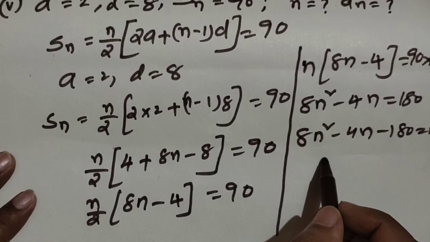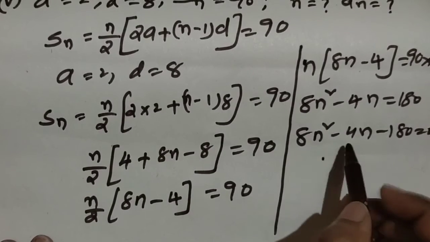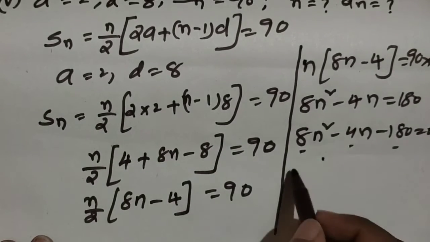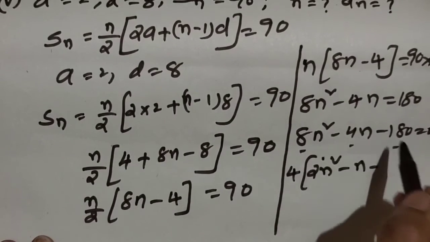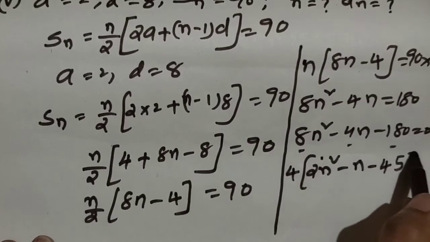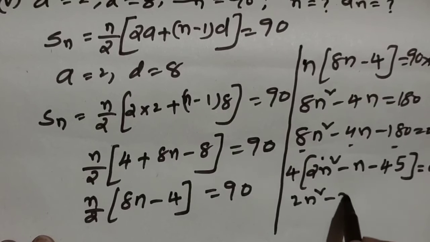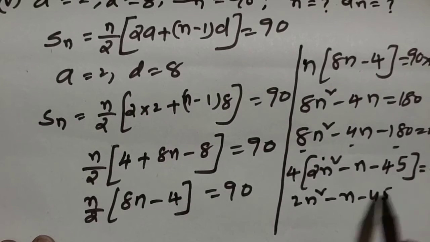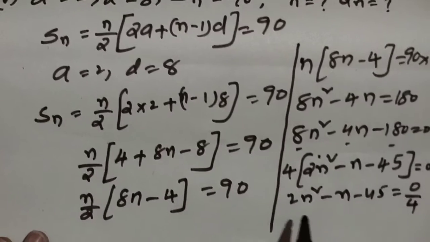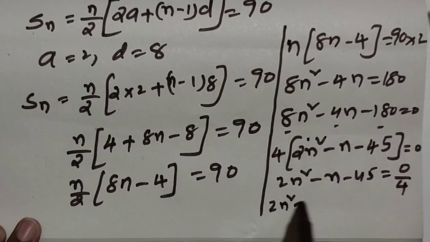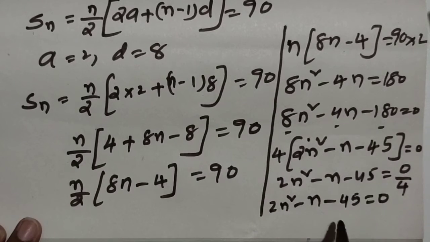Among all these we have 4 common. By taking 4 common we get 2n square minus n minus 45 equal to 0 by 4.